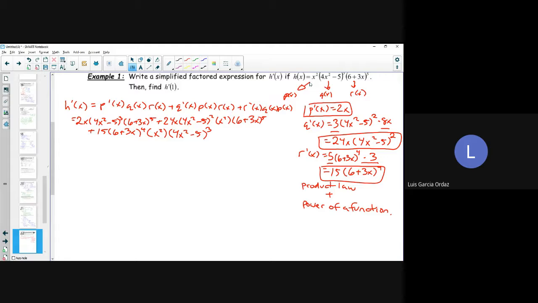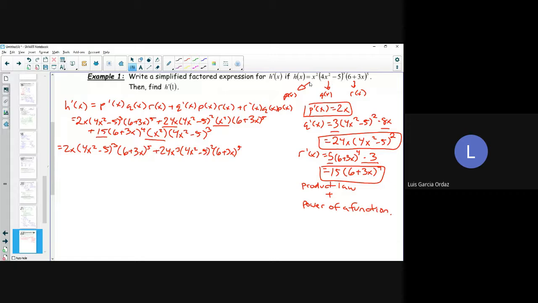All right. So now what I have to do is I can simplify more. So I can multiply 24x by x squared and 15 by x squared. So what I'm left with is 2x times (4x squared minus 5) to the power of 3 times (6 plus 3x) to the power of 5, plus 24x times x squared is 24x cubed times (4x squared minus 5) squared times (6 plus 3x) all to the power of 5.